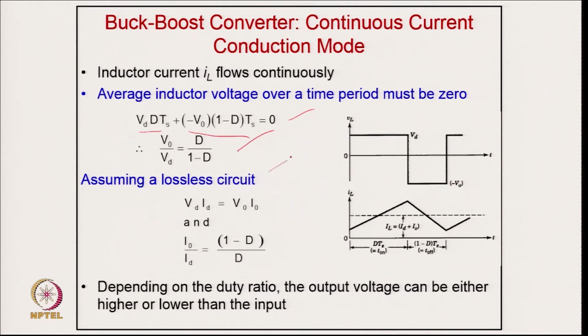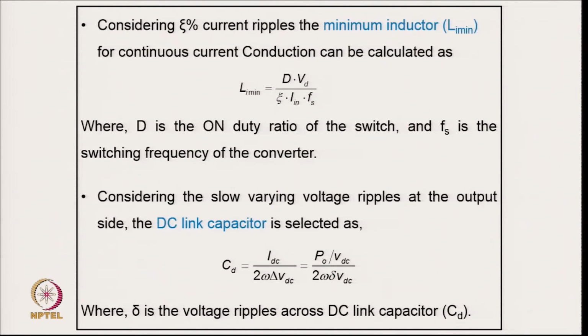Considering lossless components, input and output power are the same, and from this you get the current relation, which is just the inverse of this relation. So depending upon the duty ratio, the output voltage can be either higher or lower than the input voltage. The minimum inductor for continuous current conduction can be calculated from this relation, same as we got from the period corresponding to turning on, where D is the on duty ratio and f is the switching frequency.